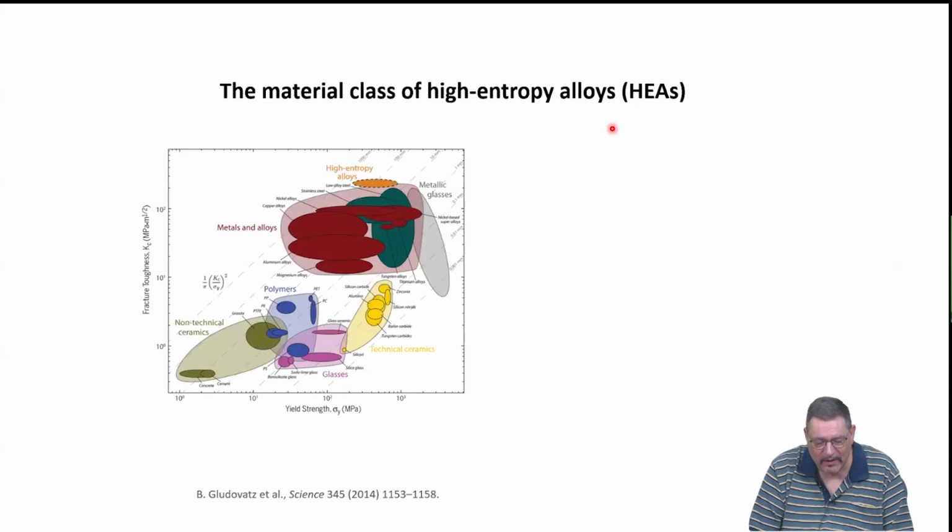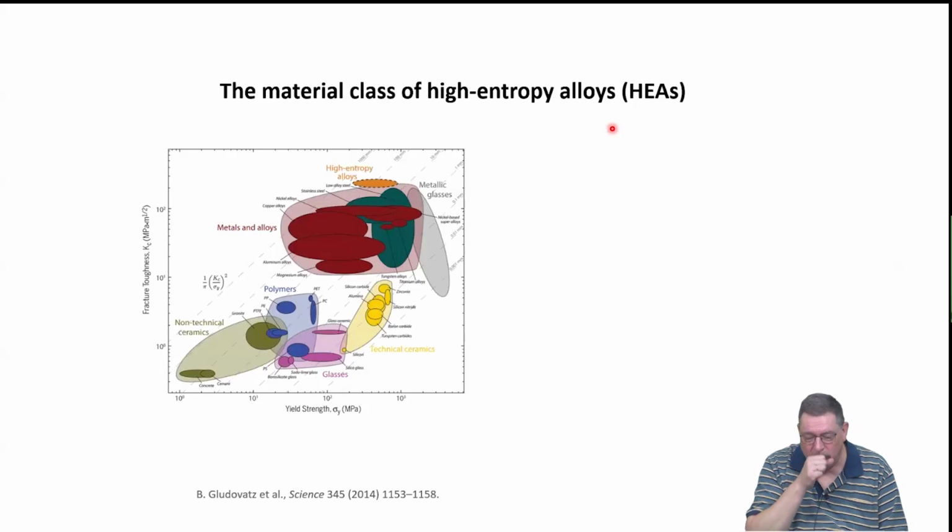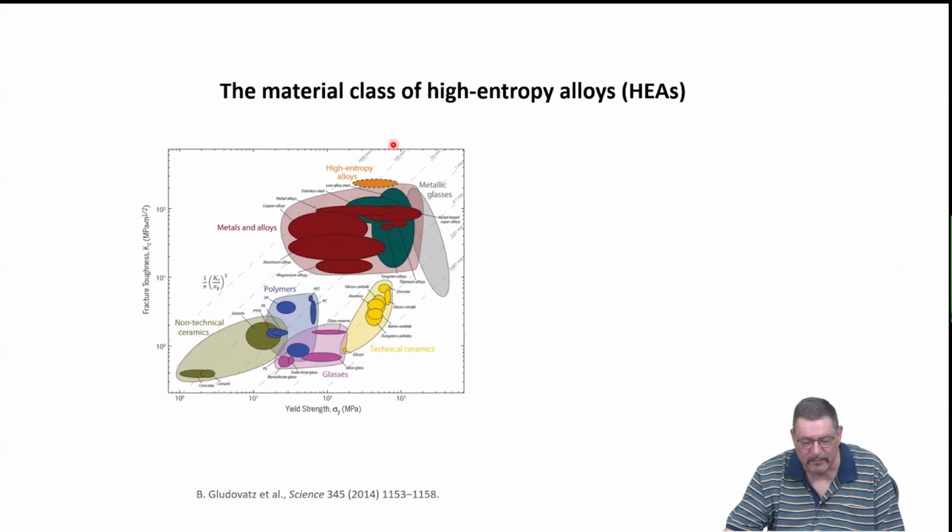So what we look at here is a typical map of material science, not in terms of a phase diagram, but in terms of mechanical properties. I used to call them Ashby maps. What you see here is fracture toughness, signified by this Kc parameter, as a function of yield strength.